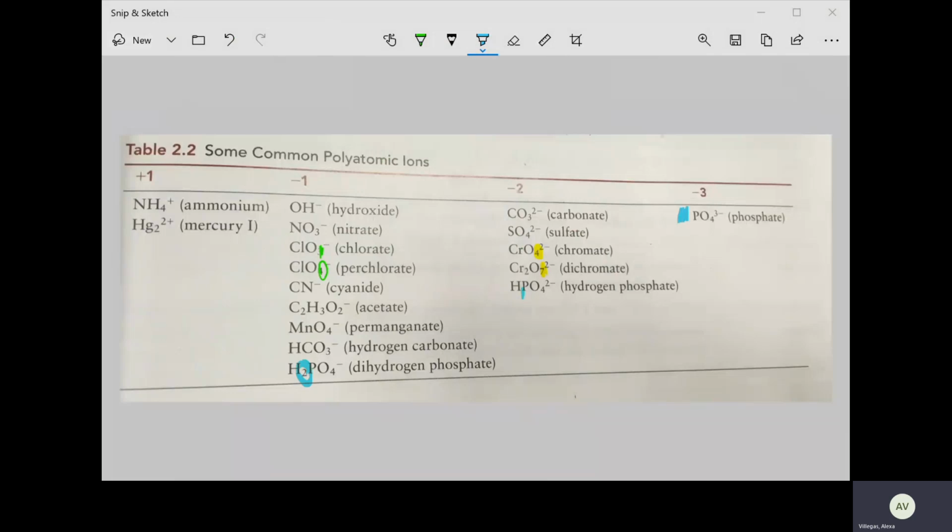So for your NOs, the ate is going to go to an NO3, and the ite is used for the least number of oxygens that are going to be in it. So in this case, it's going to be the NO2.